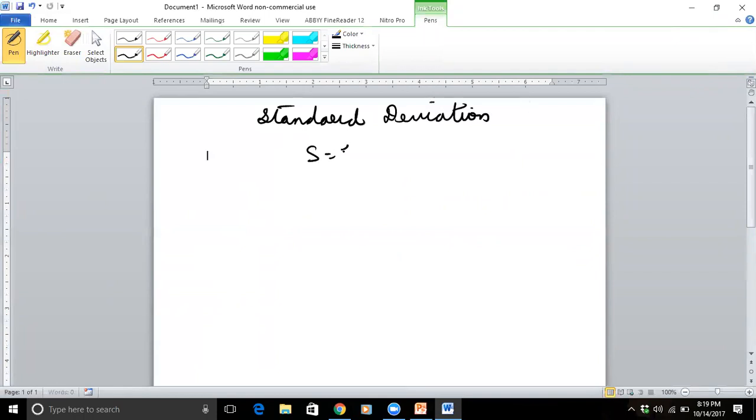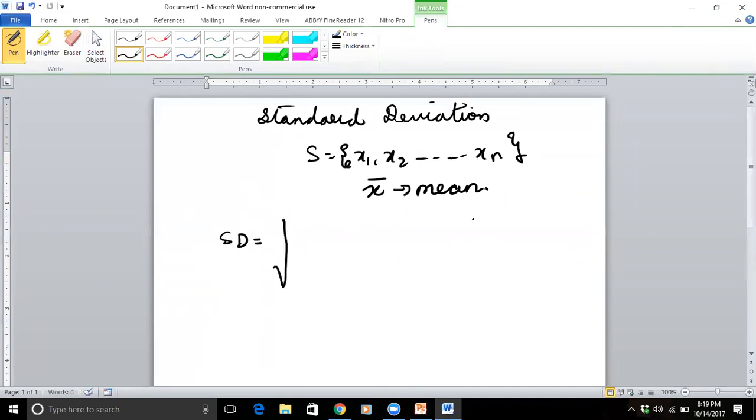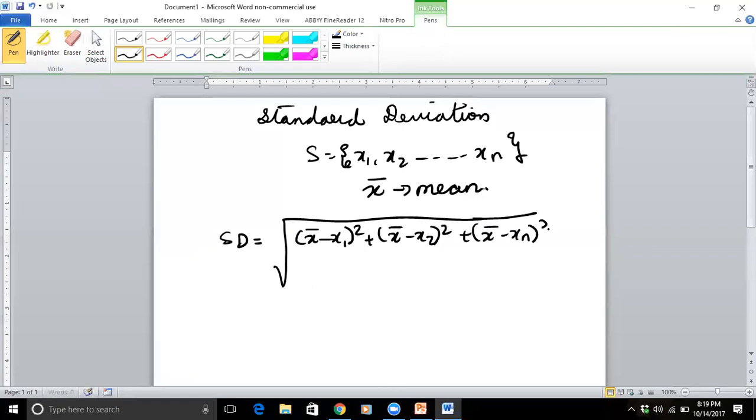If I give you a set x1, x2 till xn, and I define x bar to be the mean of that set, then the standard deviation, represented by sigma, but I'm just using SD here, is given by root of (x bar minus x1) whole square plus (x bar minus x2) whole square plus (x bar minus xn) whole square, whole divided by n, right?